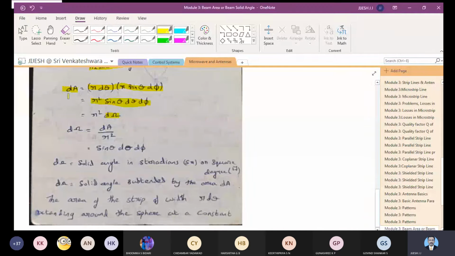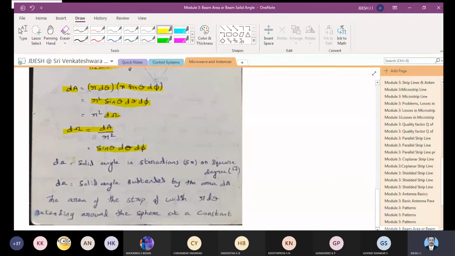You can write dA as r square sin theta d theta d phi, and what we specify as d omega can also be written as dA divided by r square.